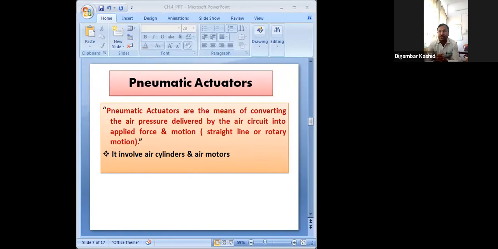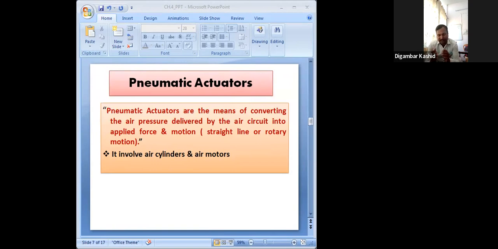In that actuator, the pressure energy of the air is converted into mechanical energy, and this mechanical energy is used to perform some useful work. Getting it?